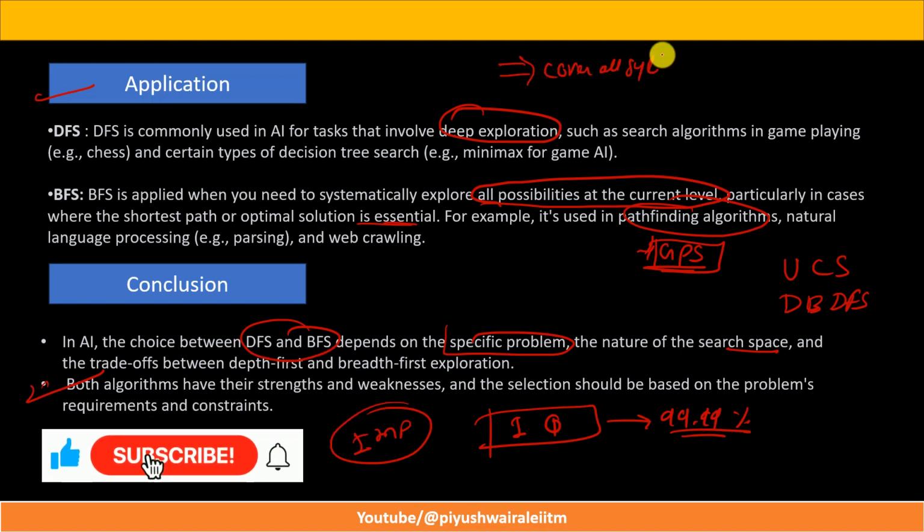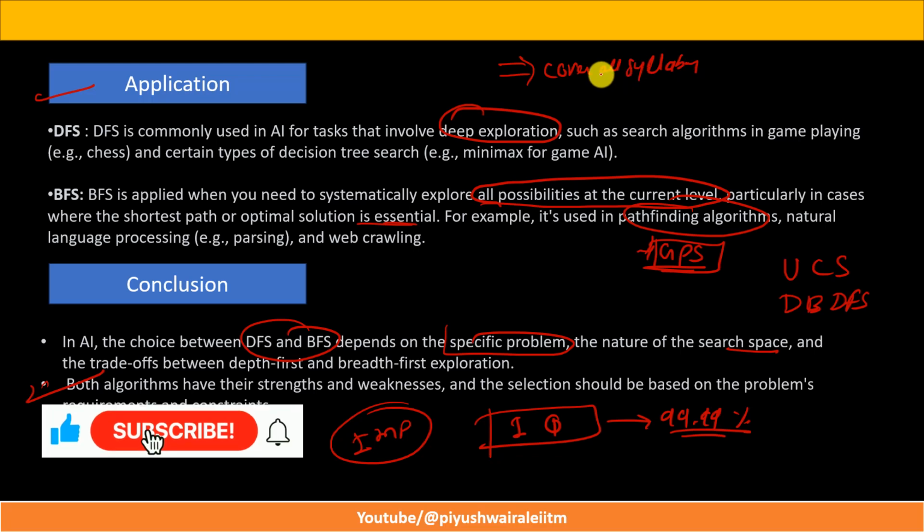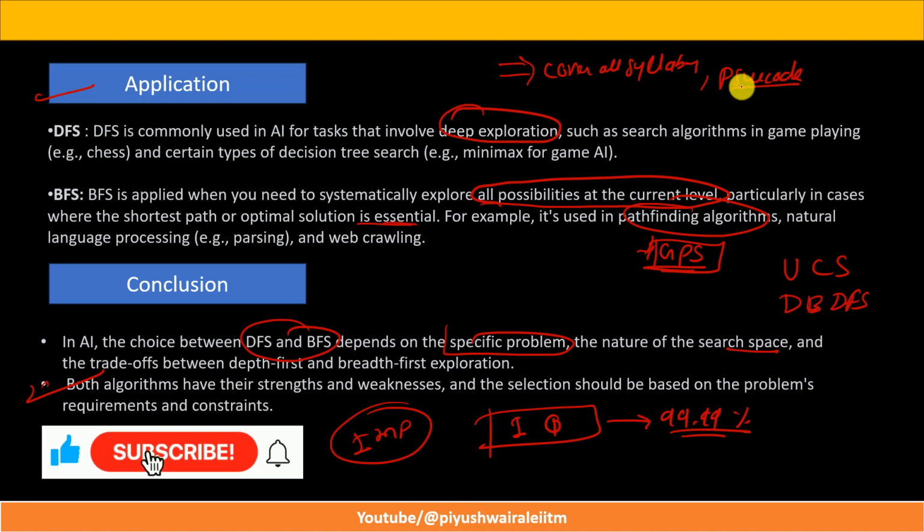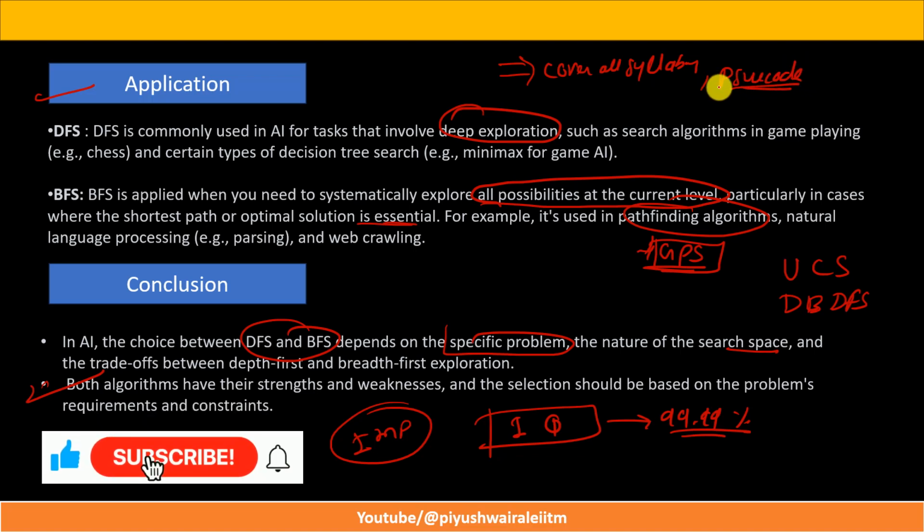Then at the end we'll come back and try to understand the concepts by using pseudocode. Pseudocode will help you understand how the algorithm works. Currently we are just focusing on the conceptual part.